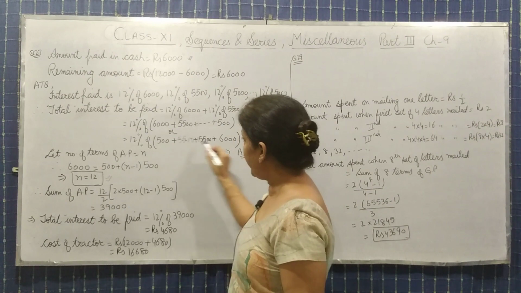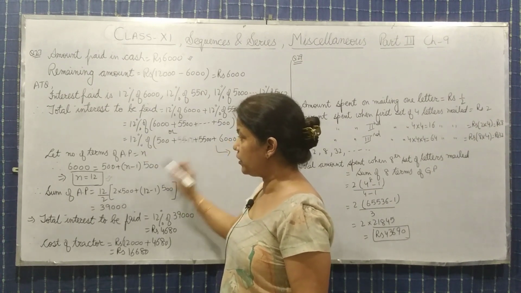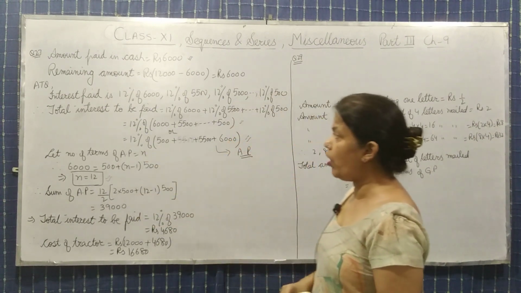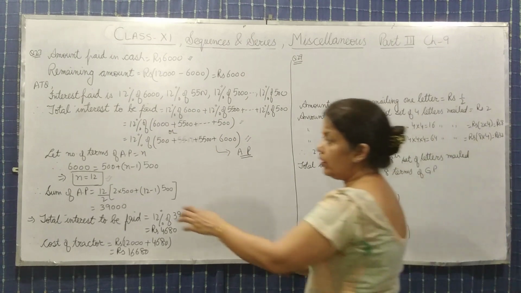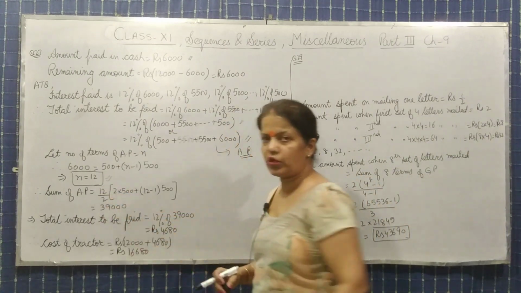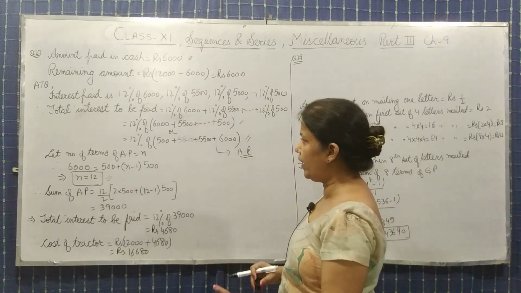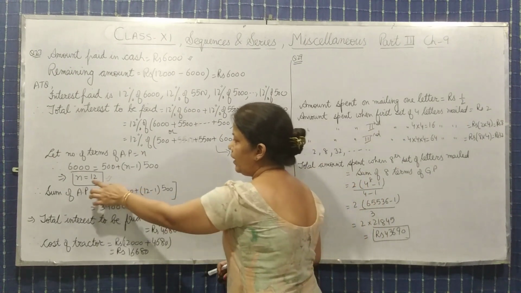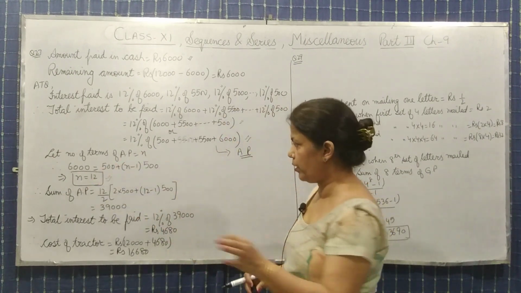Now you have to find the sum of all these. What amount does he have to pay? The total sum is n by 2 into 2a plus n minus 1 d, where n is 12.